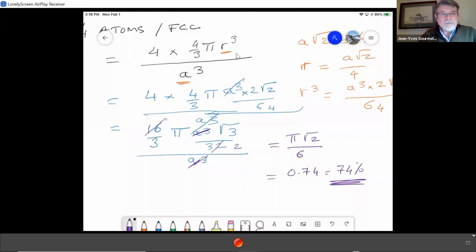The BCC atomic packing factor was 0.68, and the FCC here is 74%. So we see clearly that the face centered is more efficient in terms of packing, as opposed to the BCC, which was 0.68 or 68%.